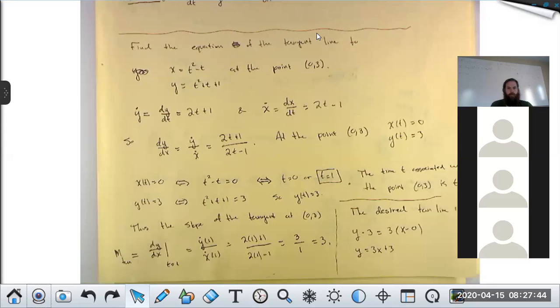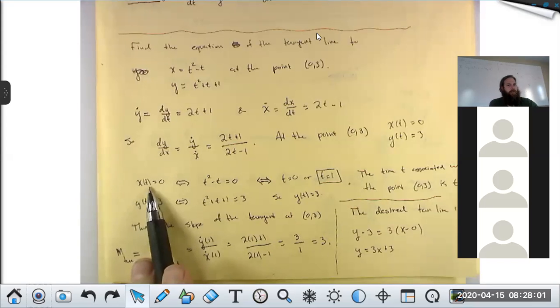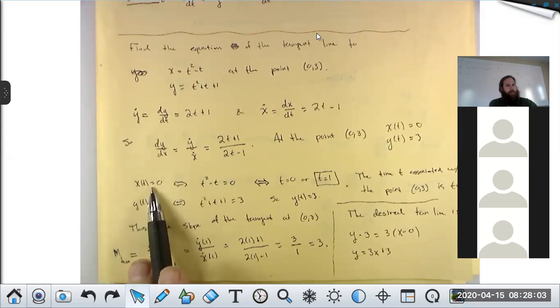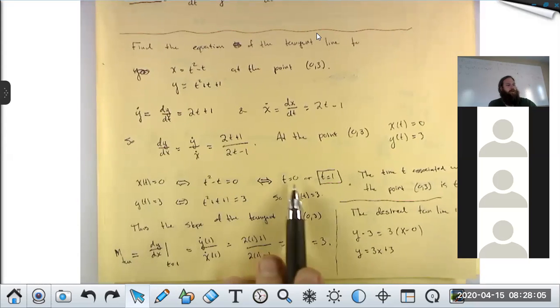So when you're finding t, you said in this case it would be easy. What do you do if it's a complicated one? I guess, did you kind of just logically figure out that t is equal to 1? Well, so the first equation here, x of t, my x variable is only going to be 0 if t is 0 or 1.